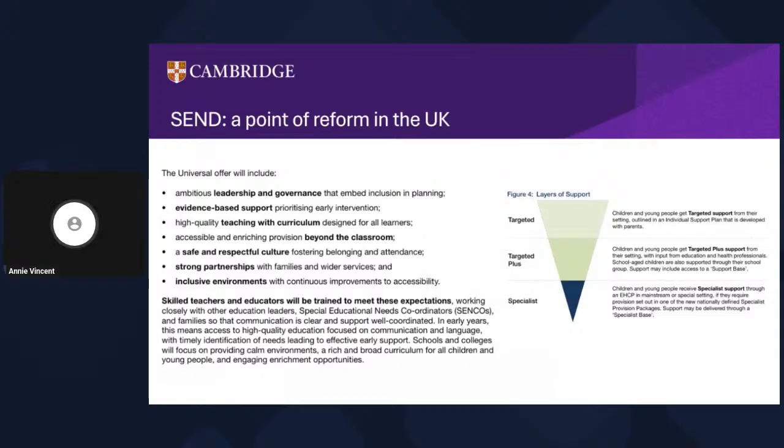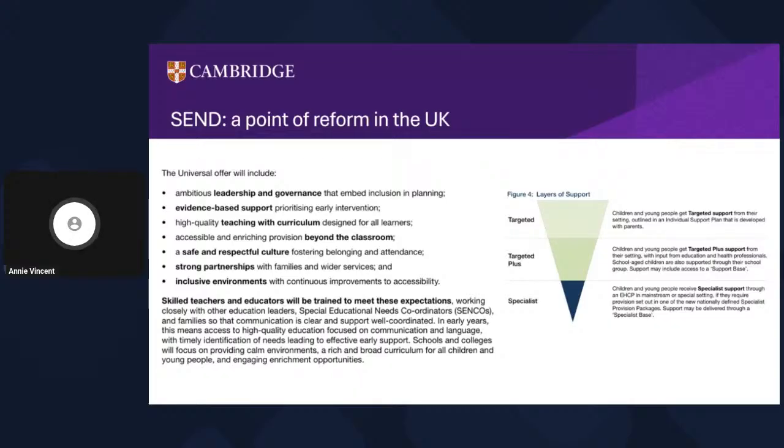We can see there's reference in that diagram to involving parents, maybe getting some input from education and health professionals at the targeted plus level, but that school age children are supported through their school and that kind of support base there.